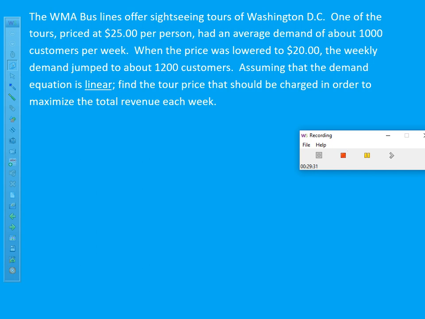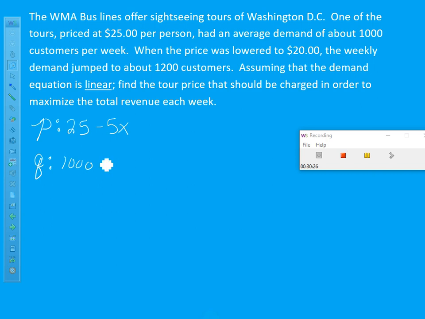So here goes again. I need a price equation and I need a quantity equation. Right now, my price is 25 and I get 1,000 people. That's my right now. When we lowered our price to 20 bucks, so we dropped the price $5, what happened?